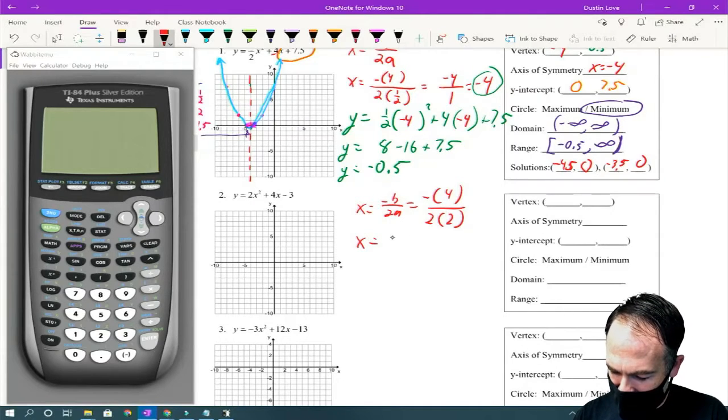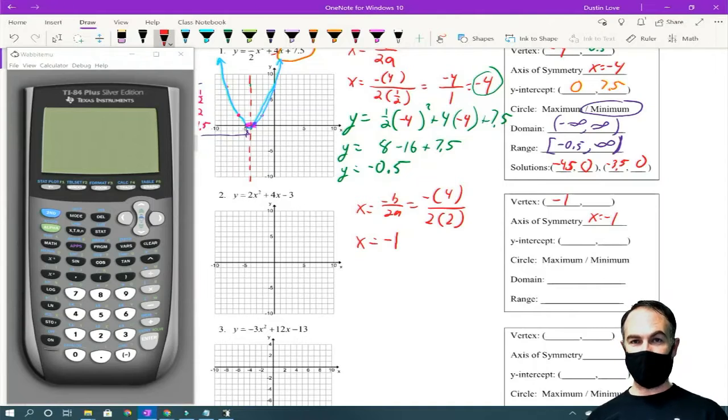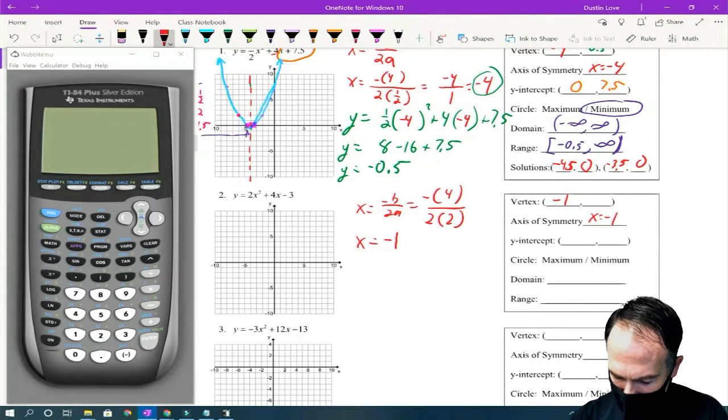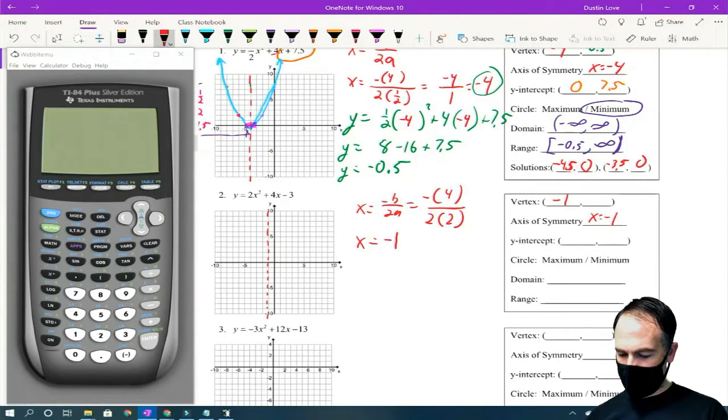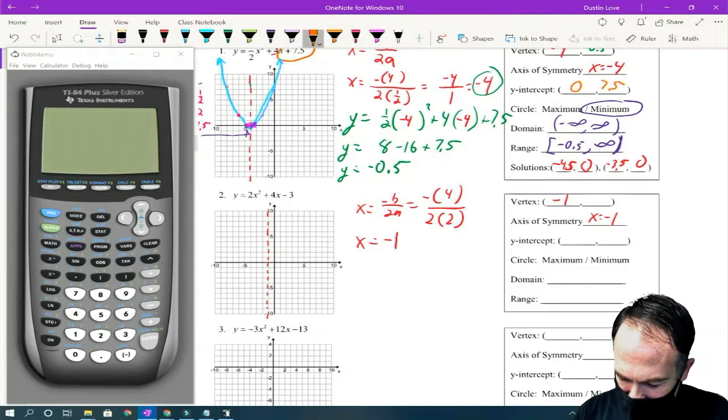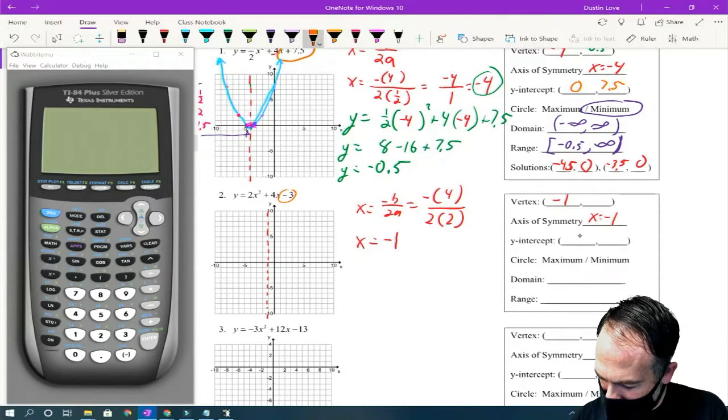So negative 4 divided by 4 is negative 1. Fill in all of that to the appropriate places. Also, let's go ahead and come in and draw the axis of symmetry. Now the y-intercept is going to be negative 3. So that's 0, negative 3.